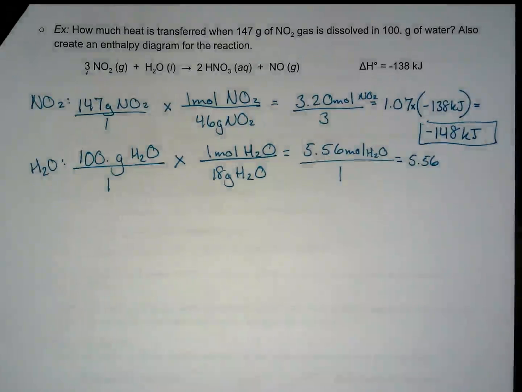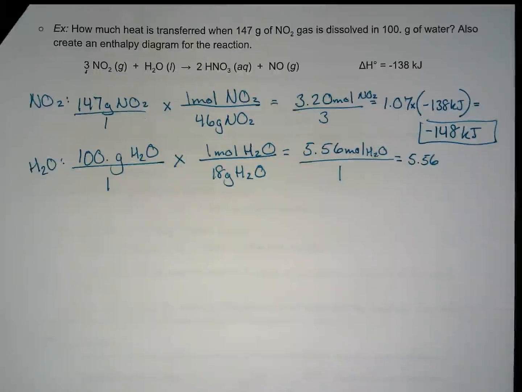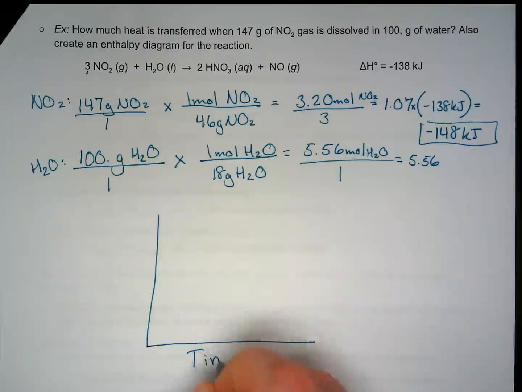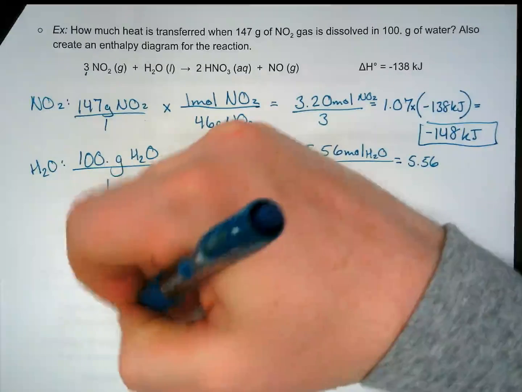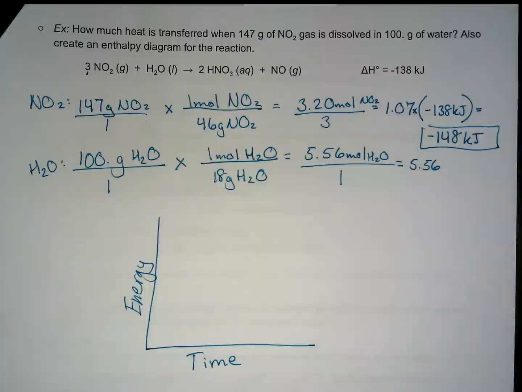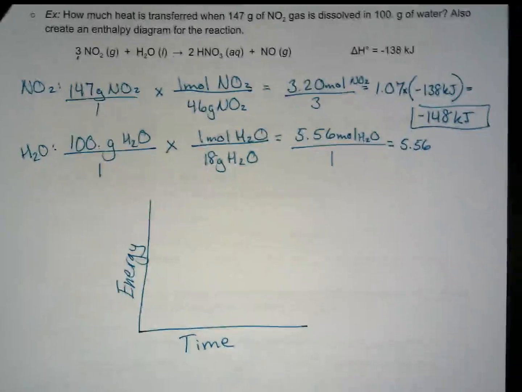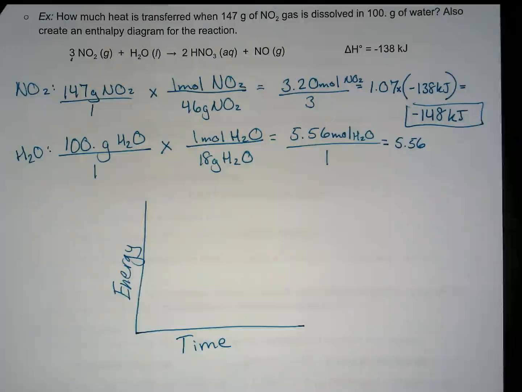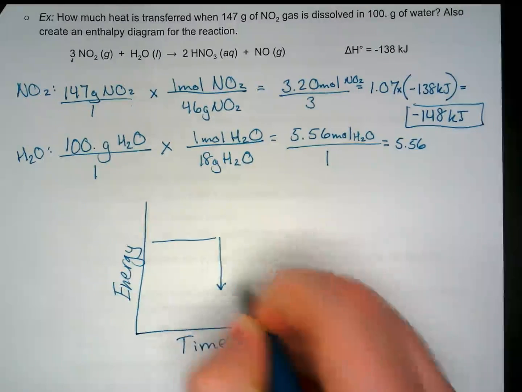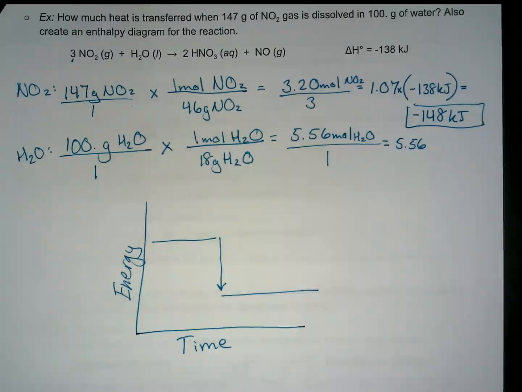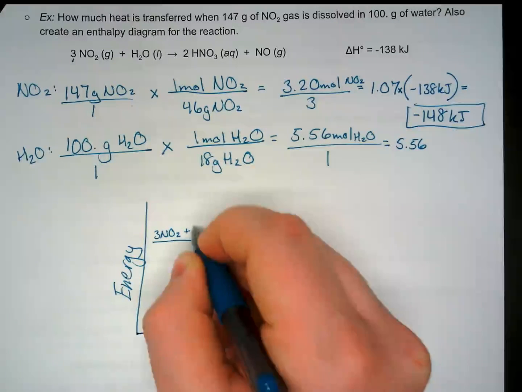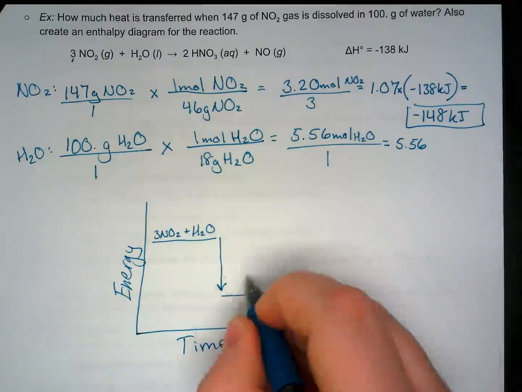All right, and now the last thing we have to do is draw an enthalpy diagram. And so here's what I was mentioning in the other video about how when we're making these, we have to make sure that we are writing in the correct amount of enthalpy change here. So in this case, with the amount that we inputted, we have to show that this is how much change we had.